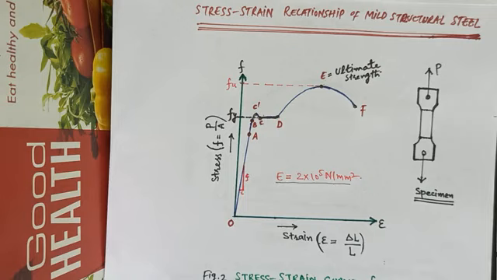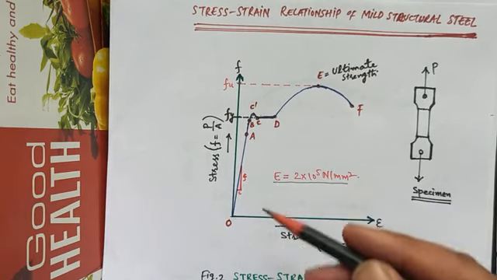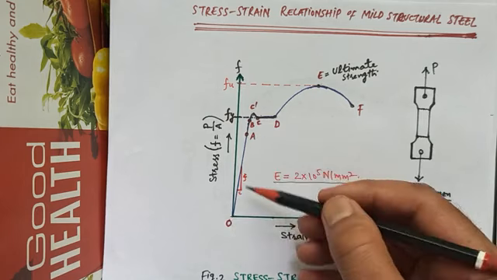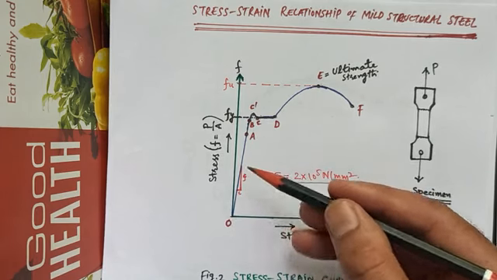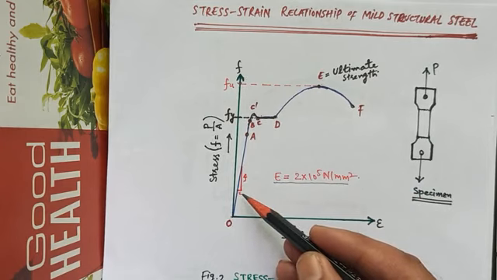The various elements of the curve, that is O, A, B, represent a straight line; from O to A the stress is proportional to strain, that is Hooke's law is applicable in this region.